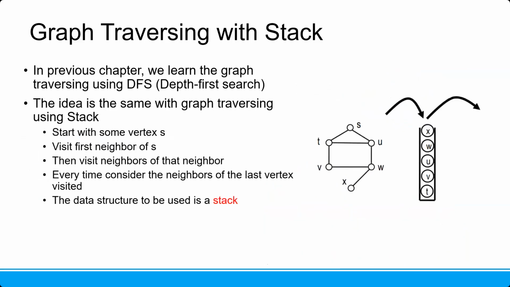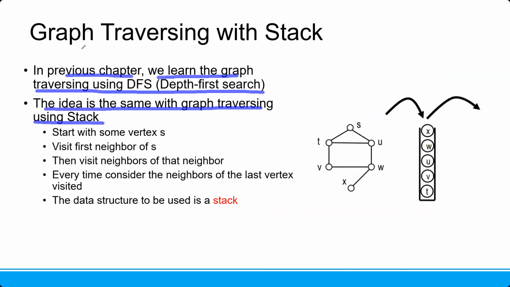We can also think of graph traversing with stack. In the previous chapter, we learned graph traversing using recursion. So the idea is the same as graph traversing using stack.